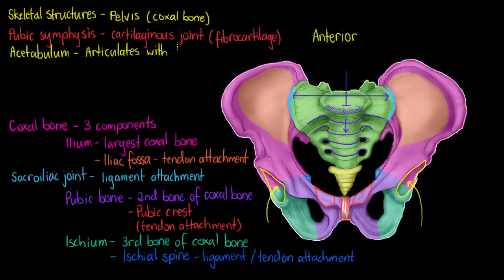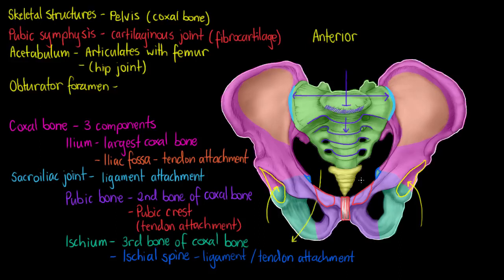The last actual feature we're going to look at is called the obturator foramen. Now the obturator foramen is a hole in the bone between where our pubic bone and ischium join together. And the obturator foramen is actually the largest foramen in the body.